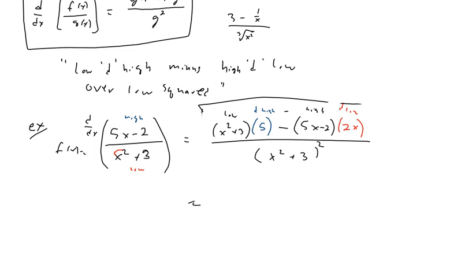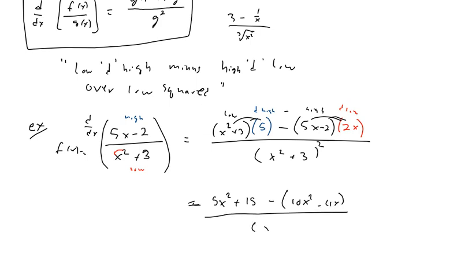So if I simplify this, let's see, I can distribute my 5. I'm going to have 5x squared plus 15 minus, if I distribute this 2x, I'm going to get 10x squared minus 4x over this bottom part. I don't want to deal with that, so I'm going to leave it alone. That's fine.